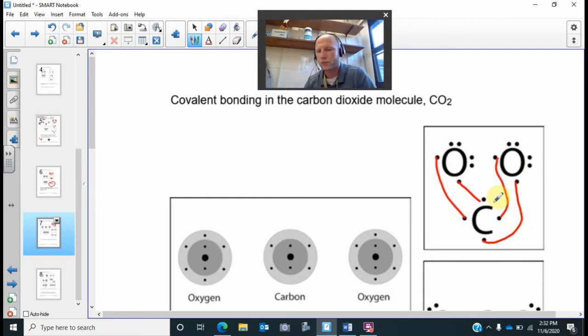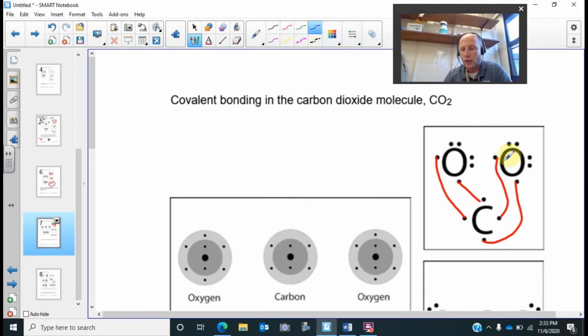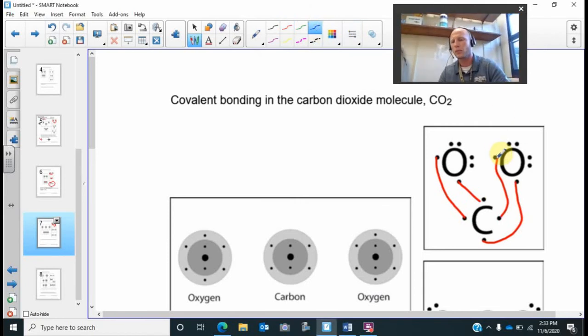Okay, something that we should go over really fast just to clear up any misconceptions. This electron, and I'm just drawing this to show, but this electron could share with this electron, could share with this electron, okay?